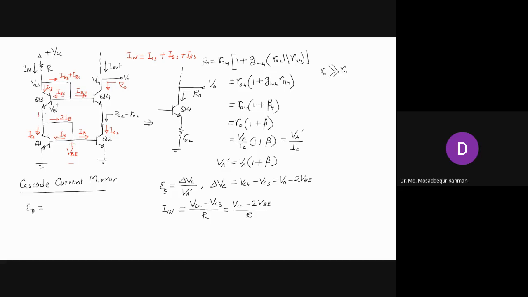And then here you have IE3, and IE3 will be IC1 plus 2IB, right? And since we have assumed the bases are tied together, they have the same base to emitter voltages. So IC1 will be IC2.